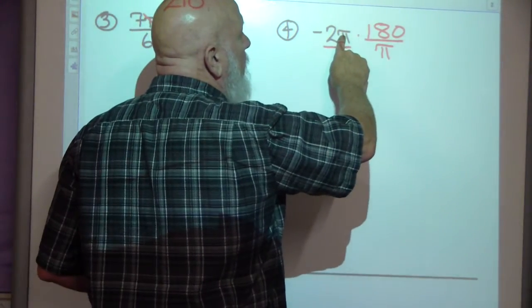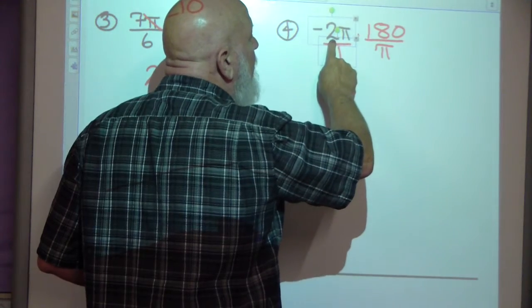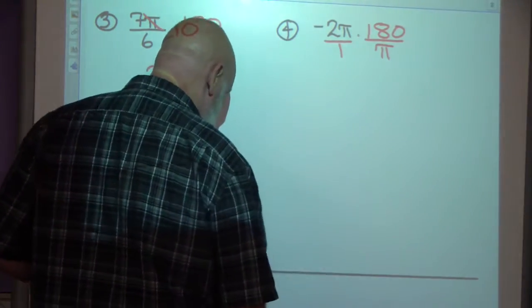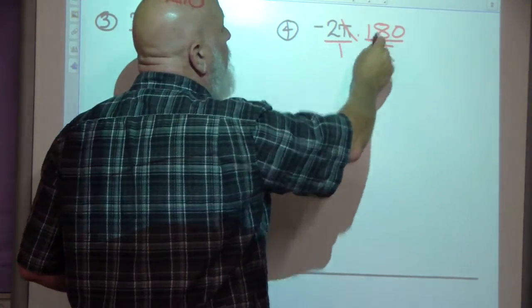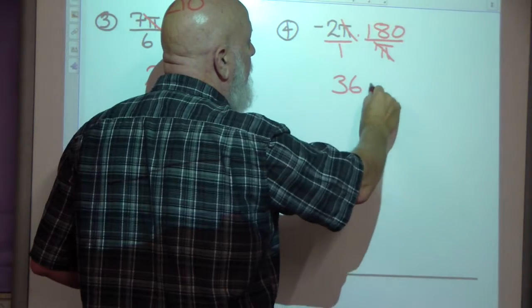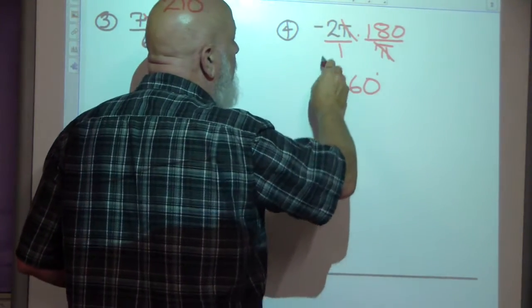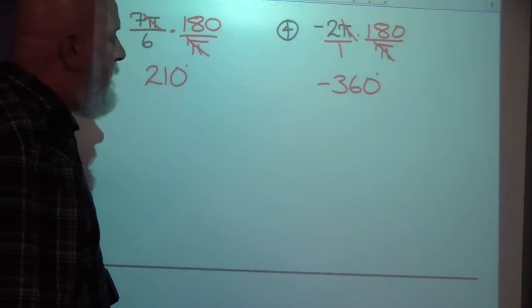So this would be 2 pi over 1 times 180 over pi. These will cancel. 2 times 180 is 360. If it's negative, the product is negative. So this is negative 2 times 180. That gives us a product of negative 360 degrees.